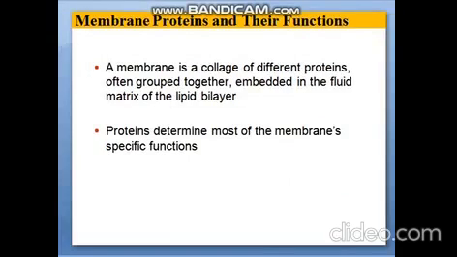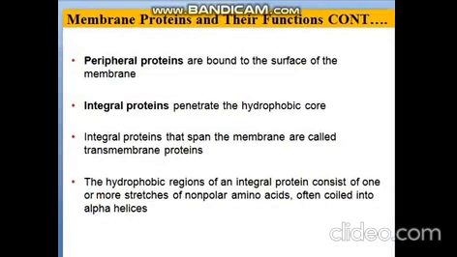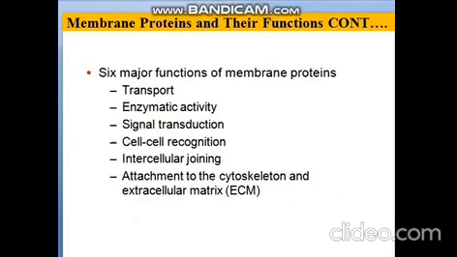this slide we have already discussed, that the proteins determine specific functions in specific conditions, right? And membrane proteins and their functions, peripheral proteins, integral proteins. We have already discussed this in the previous slide, where I showed you the transmembrane proteins, the integral proteins and the anchored proteins. This is a summary of some of the functions, right?